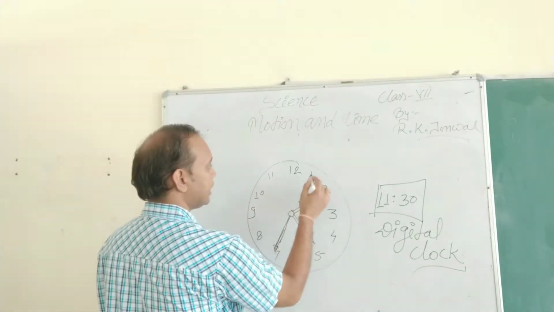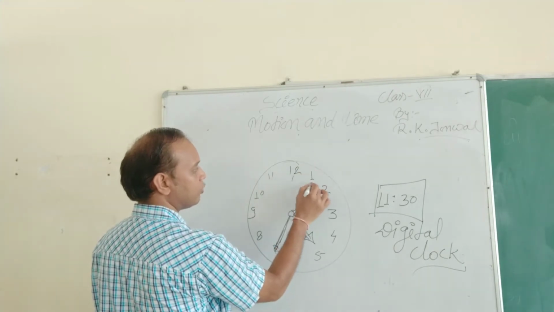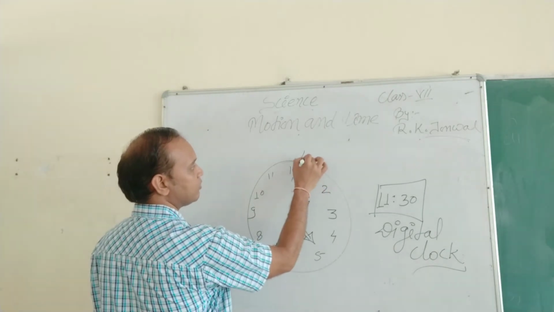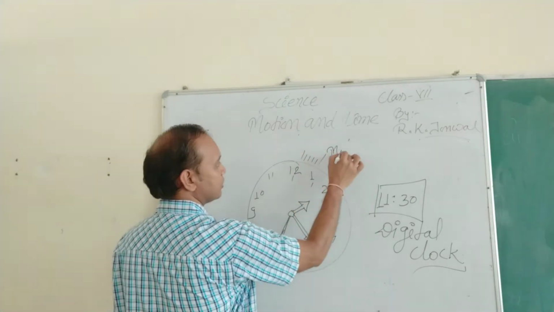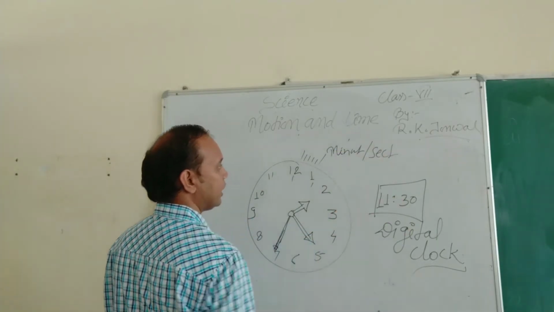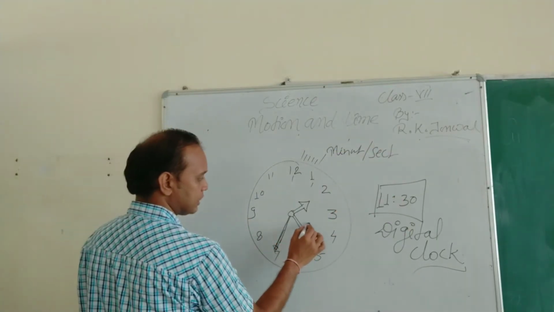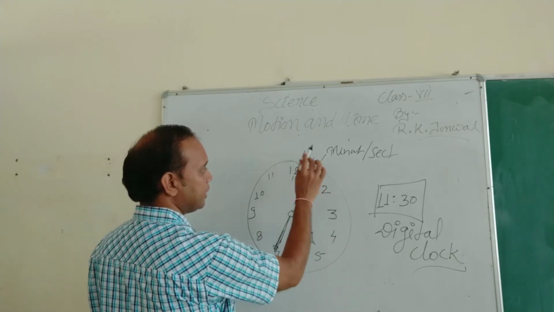So you can see here the difference between the two values 12 to 1. Here are 5 lines, 1, 2, 3, 4, 5. So these are the minutes as well as seconds also. If this needle covers these, then we can say it is the minutes.